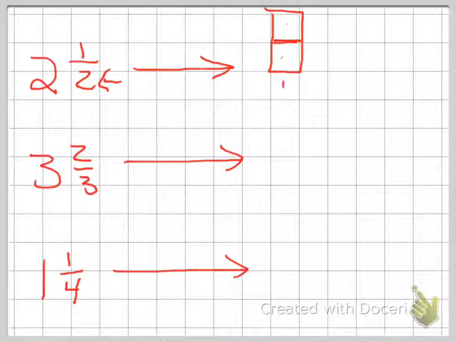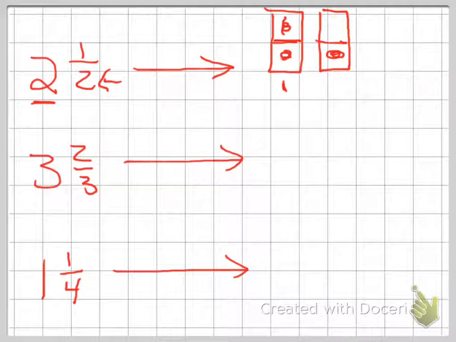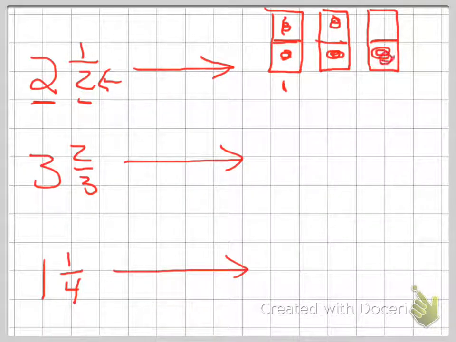That's one whole one. But this says that we need to have 2 of those wholes. Oops, and then here's a partial. How many of the partial do I have? Well, I'm just going to fill in one of them.